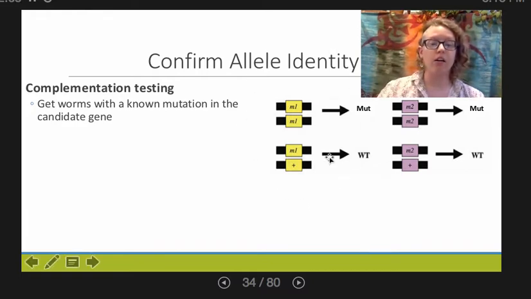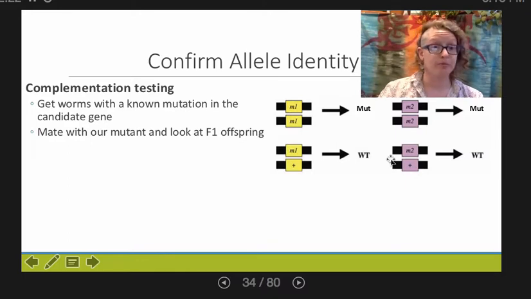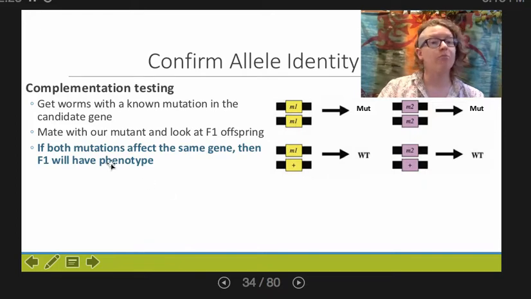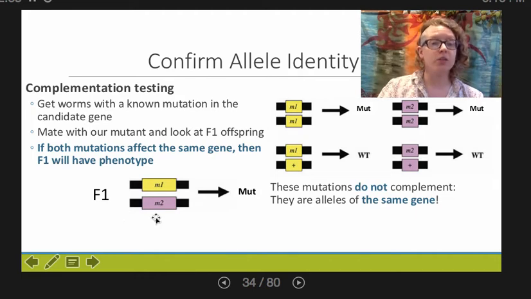Here in orange, let's say, is our mutation, and in purple is our known mutant. So this is a mutant in a candidate gene that we ordered off the internet. We're going to mate the 2 of them together and look at the first generation offspring. And if both mutants affect the same gene, then this will look just like this and this.